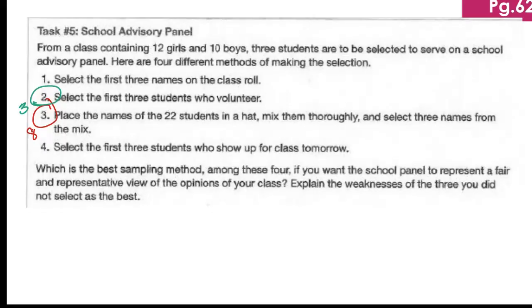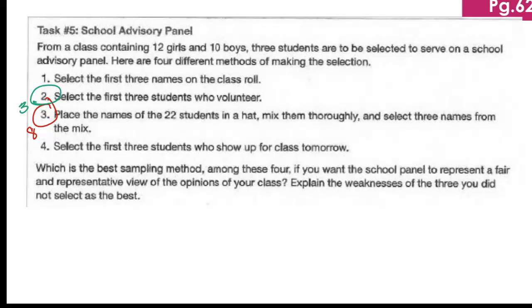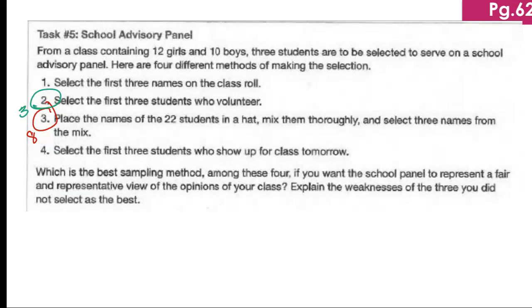Okay. So why would 1 not be a good representative view of sampling? Why is that not a good one? Why did you not select number 1? Noelia, you weren't even here for this yesterday, were you? Well, what do you think? Selecting the first 3 names on the class roll.